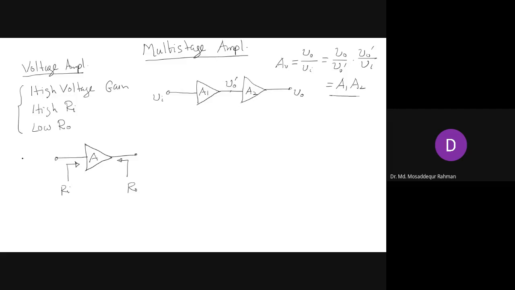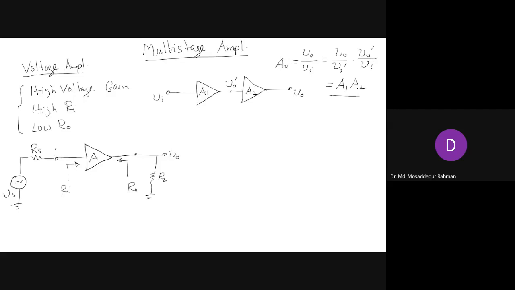Now you connect a signal source at the input side, source voltage Vs, source resistance Rs, and you connect a load at the output side RL, with voltage V0.